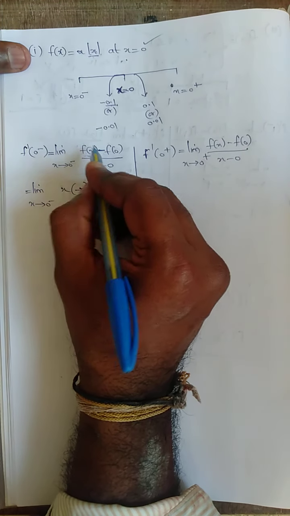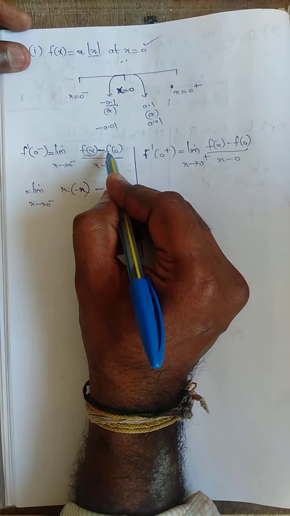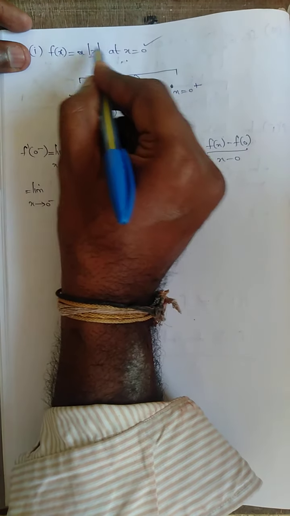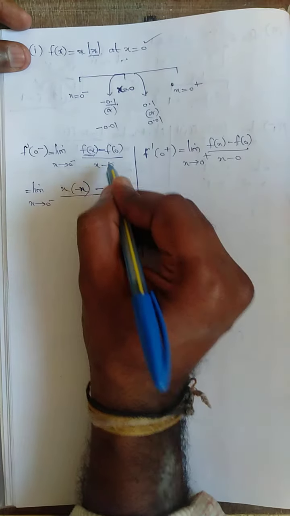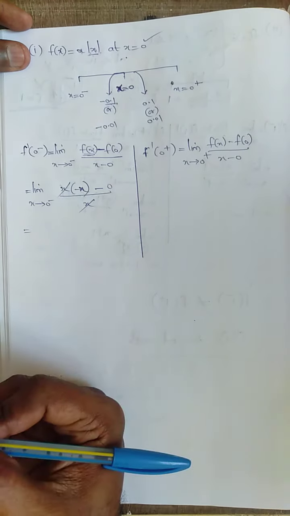In place of x, apply f of x, which is x into minus x. For f of 0, apply 0: 0 into 0 is 0, divided by x minus 0, which is nothing but x. Therefore this x we can cancel.